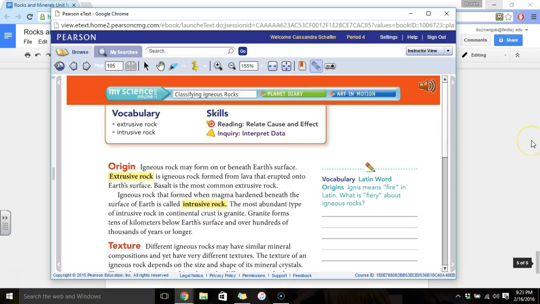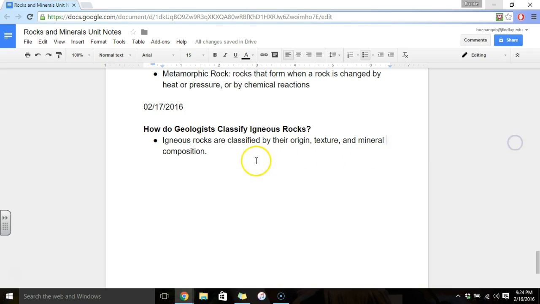Alright, so we have some really good information in this one. Extrusive and intrusive rocks are really important. You're going to see those come up over and over and over again when you're doing igneous rocks. So I want to make sure I get those in my notes. Origin.